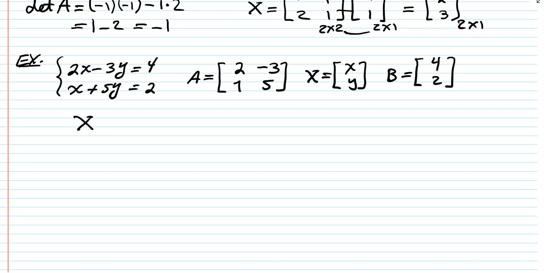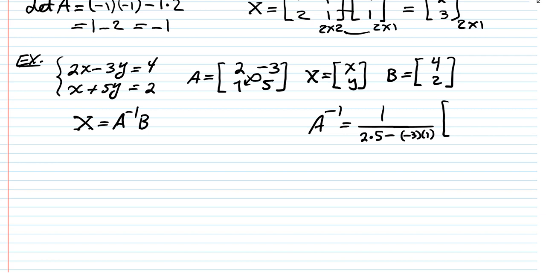The solution to the system, I should say, is going to be equal to A inverse B. So how am I going to find the inverse of the matrix? A inverse, again, is 1 over the determinant. The determinant is 2 times 5 minus negative 3 times 1.